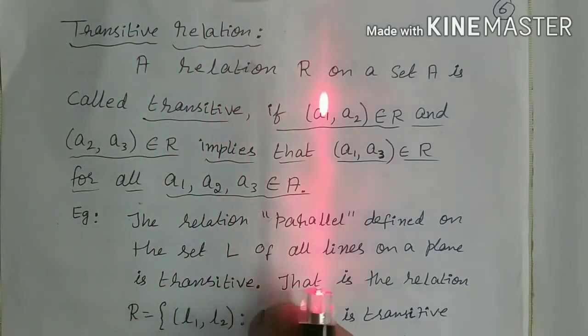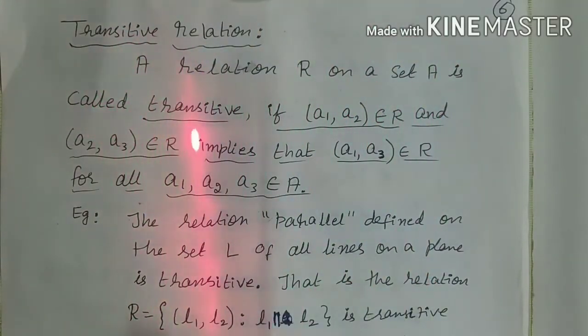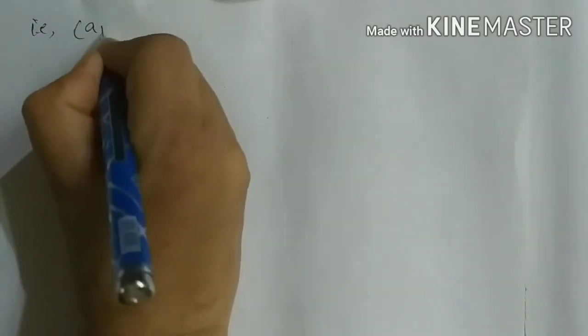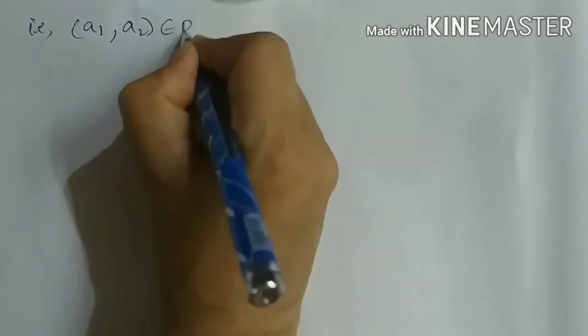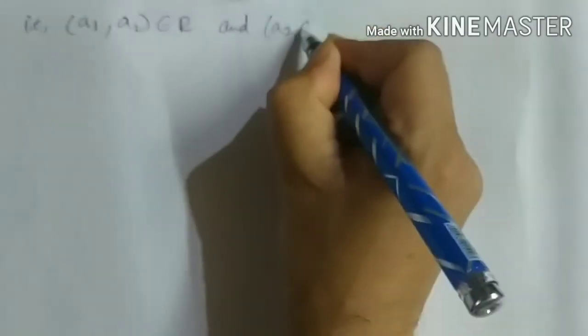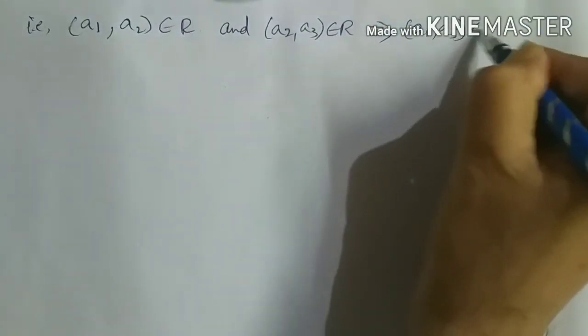A relation R on a set A is called transitive if (a1, a2) belongs to R and (a2, a3) belongs to R implies that (a1, a3) belongs to R, for all a1, a2, a3 belonging to A. That is, (a1, a2) belongs to R and (a2, a3) belongs to R should imply (a1, a3) belongs to R.